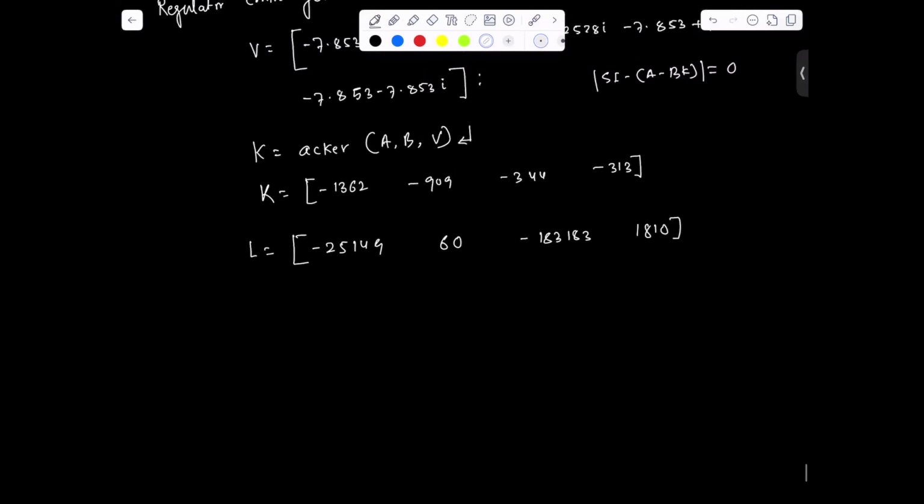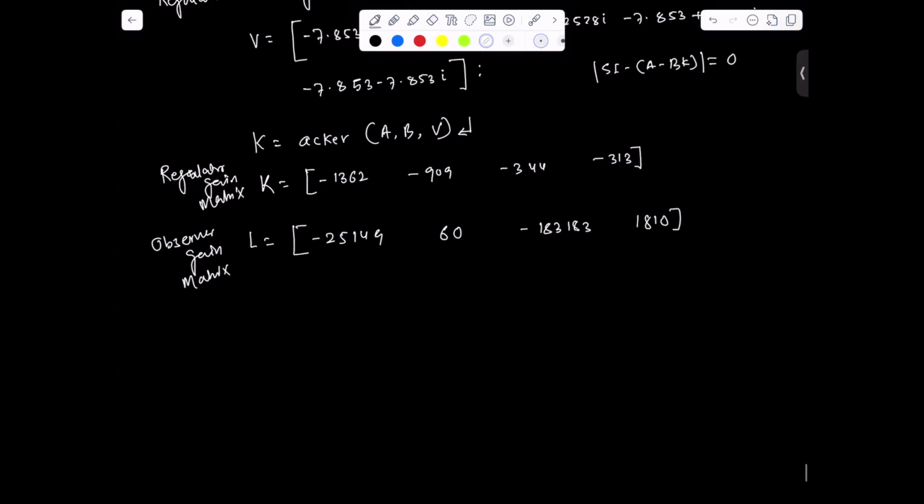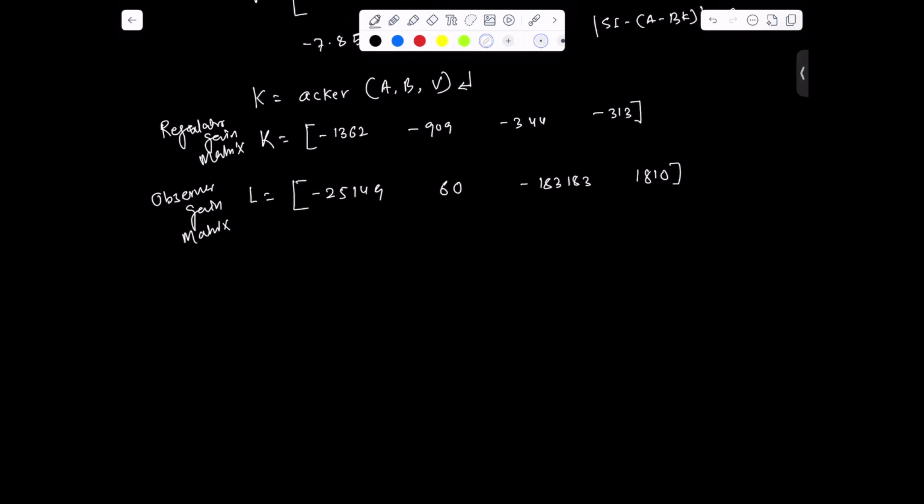You can follow this in lecture number 14. This is the regulator gain matrix, and this is the observer gain matrix, or regulator gain vector and observer gain vector.